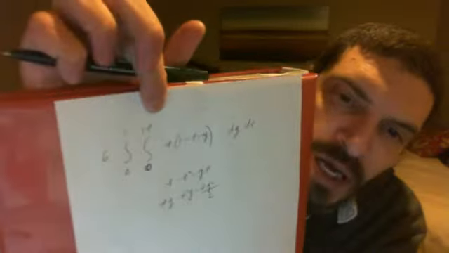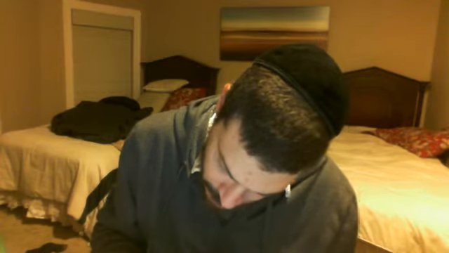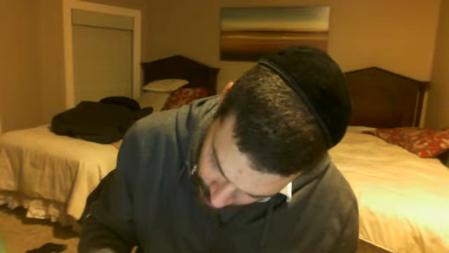Now I have to insert the 1 minus x. Wherever I see a y, I have to insert the 1 minus x. It's some work, but we gotta do it. So it's x times 1 minus x, minus x squared times 1 minus x, minus x times 1 minus x squared over 2.